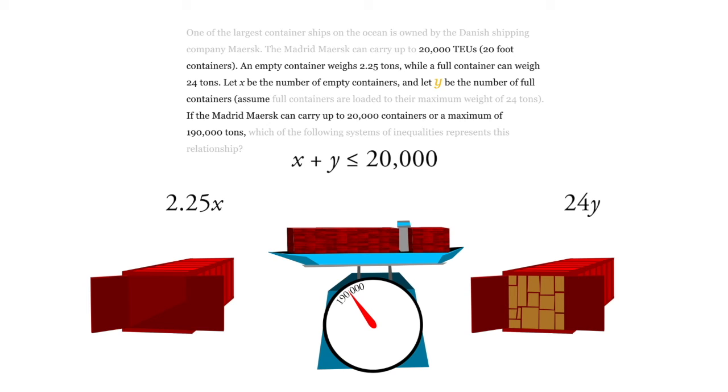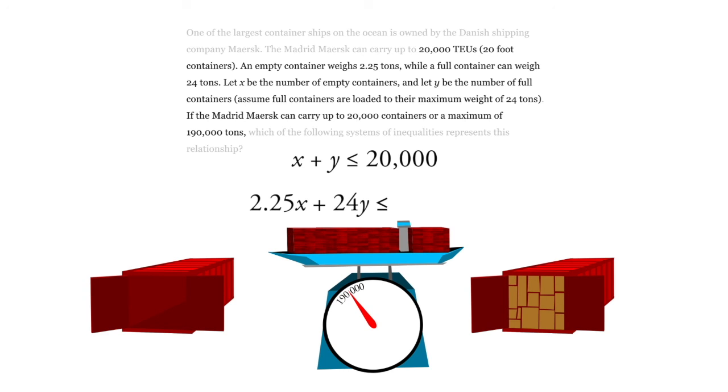We're assuming in this problem that all of the full containers are maxed out at 24 tons. So we have 24 tons times Y, and 2.25 tons times X, and that number is going to be less than or equal to, because we have a maximum, 190,000 tons. And that's our correct answer.